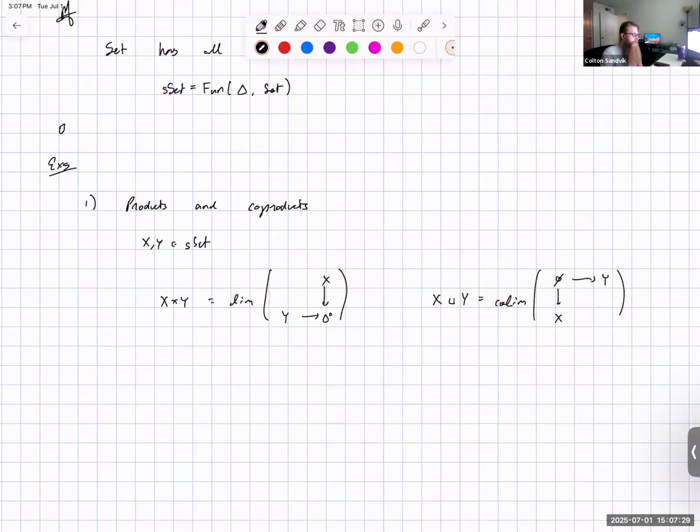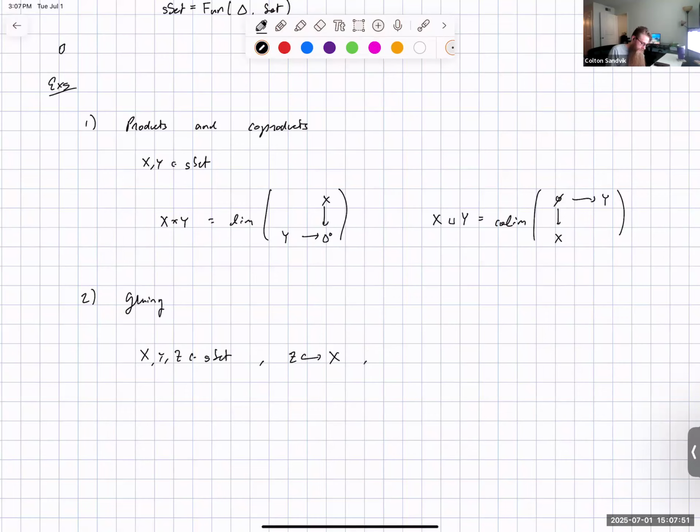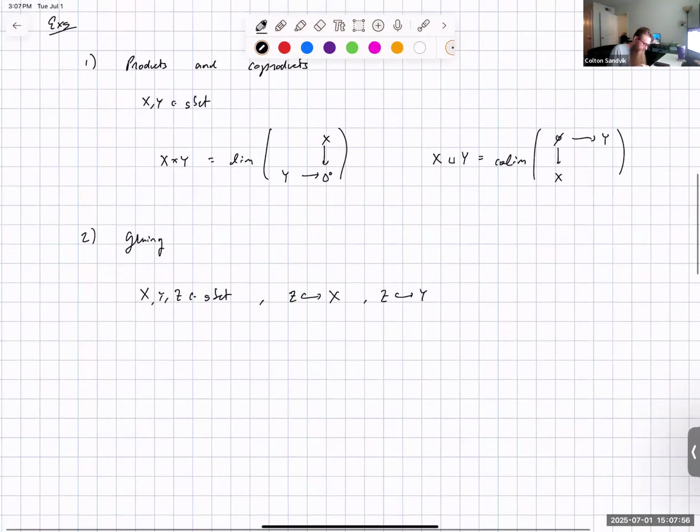The next one is related, and these are relative coproducts, or the way I like to think of it, just gluing. If we have three simplicial sets X, Y, and Z, along with some morphisms Z into X and Z into Y, we can then define the coproduct over Z as the colimit.